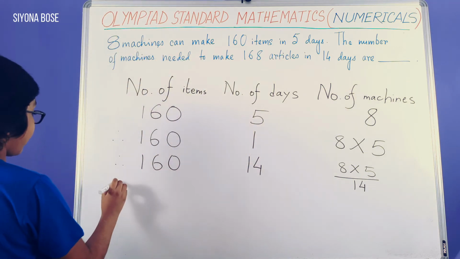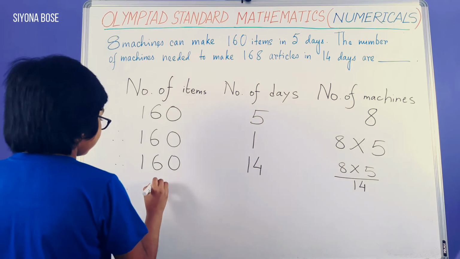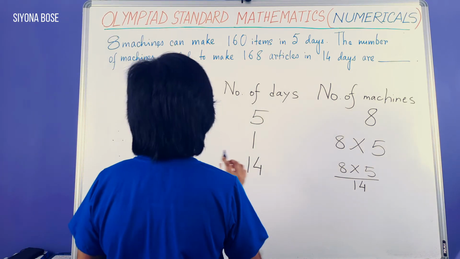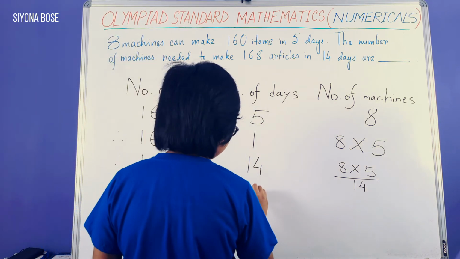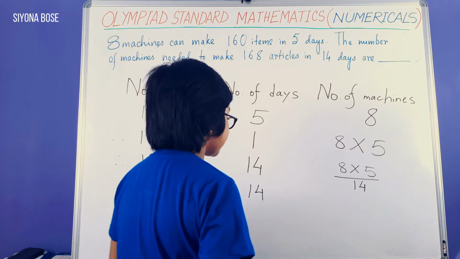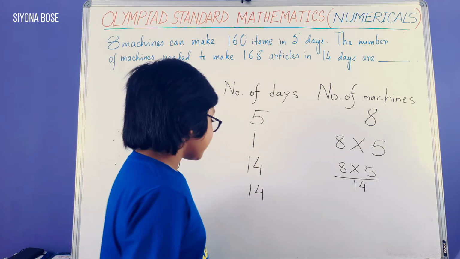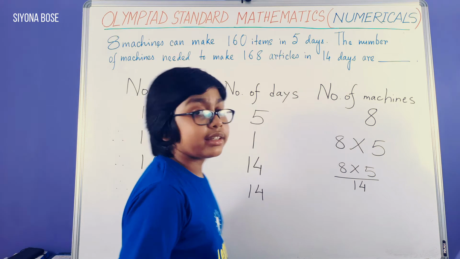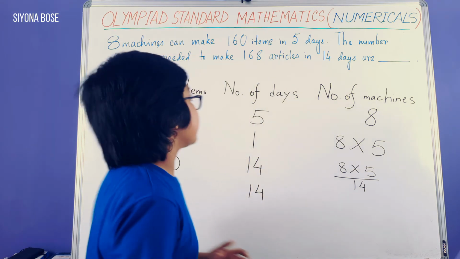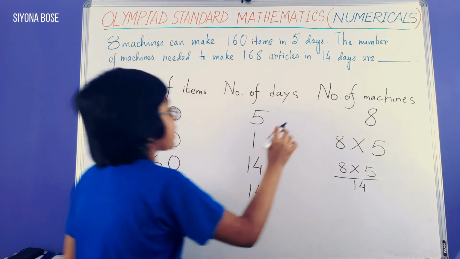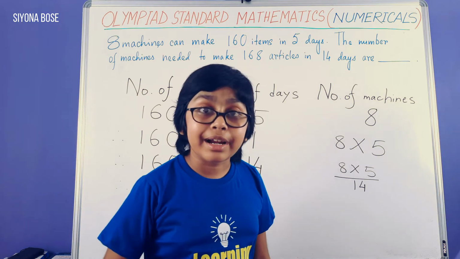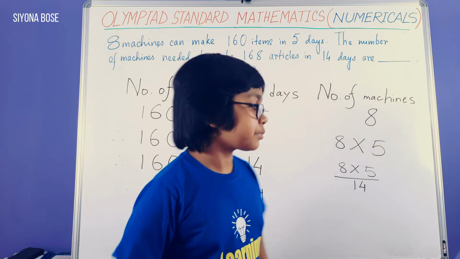Now we change number of items to 1. So 1 item in 14 days needs fewer machines because in this case, number of items and number of machines are directly proportional.